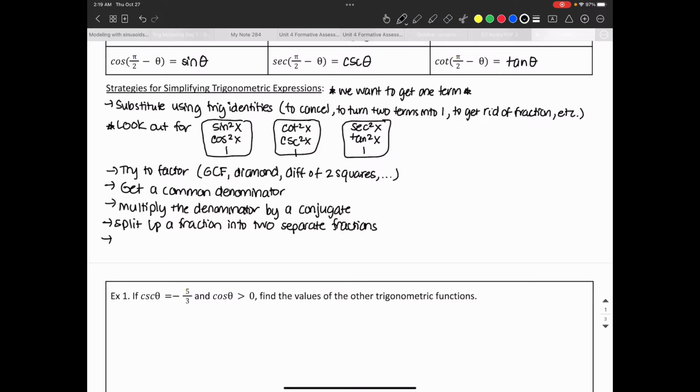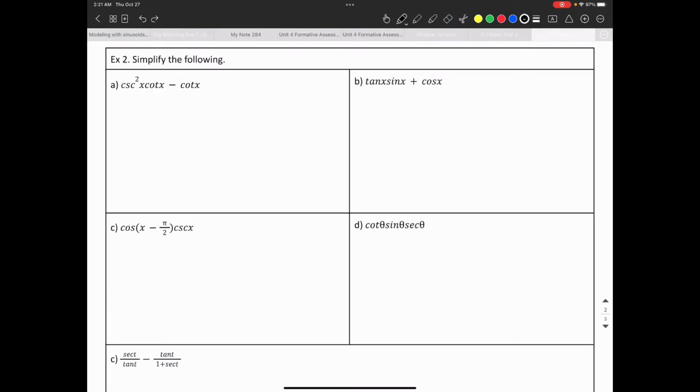And then lastly, if all else fails and you can't figure things out using any of those methods, maybe you just rewrite everything in terms of sine and cosine as much as you can, so that you can cancel things out. Okay, so we're going to go down to example 2 to do an example of simplifying trig expressions.